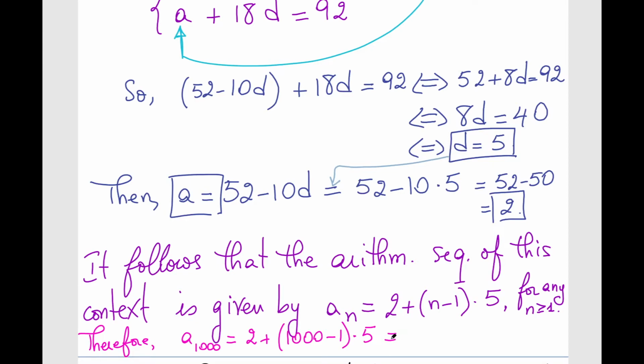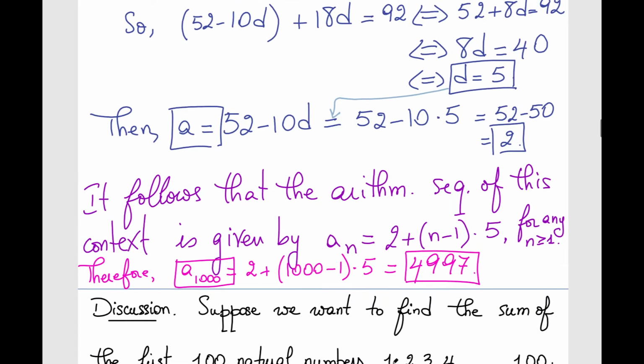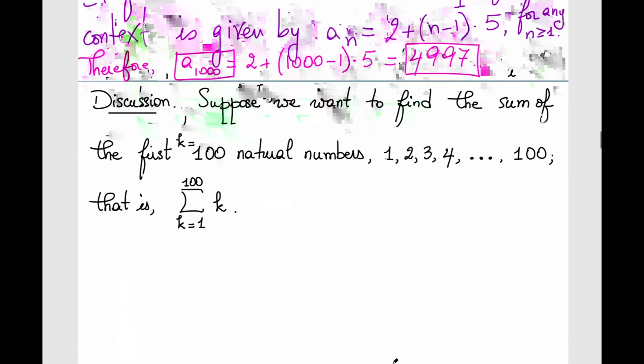If you do this, 1000 minus 1 times 5 is 5000 minus 5, which is 4995, plus 2, so that's 4997. That's what a sub 1000 is. Make sense?